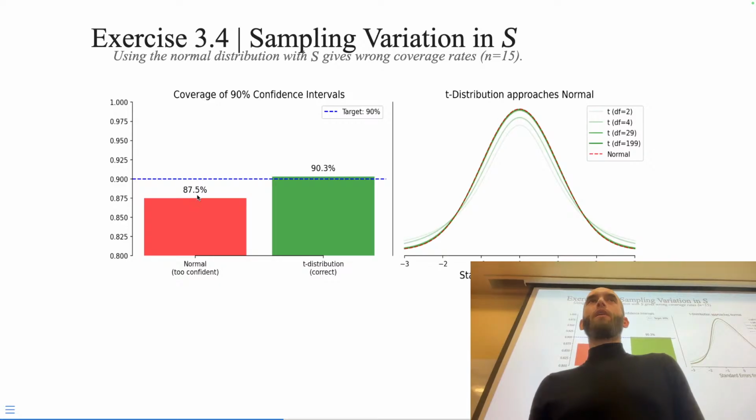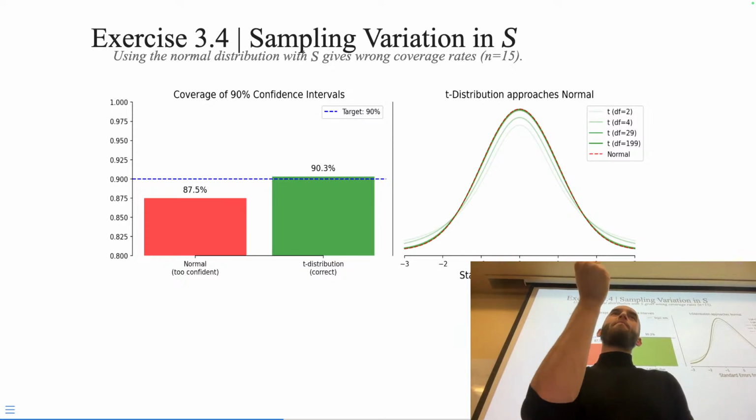You don't want this as your theoretical backbone. This is wrong, and the reason is that we have two sources of variability, one from the sample mean and one from the sample standard deviation. They interact in a way that leads us to make systematic errors. So we can't just swap out sigma for S.